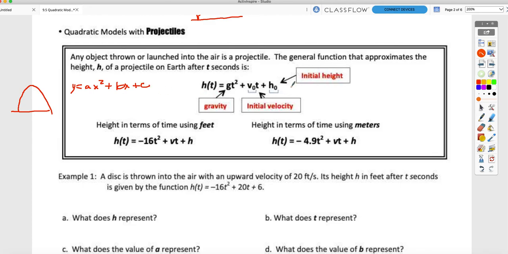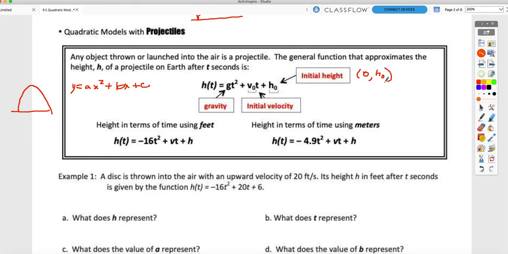So this is a quadratic equation, but it specifically has gravity for a. It has an initial value, which is v sub 0. It's initial, so that's what the subscript is about. And an initial height. This is my initial value, and it's height specifically because it's a projectile. And that is going to be the same thing as my y-intercept.